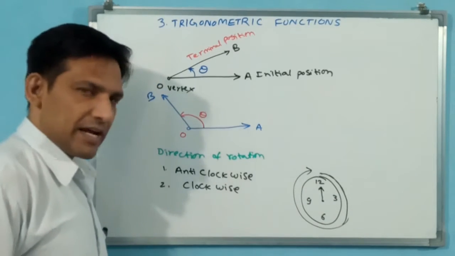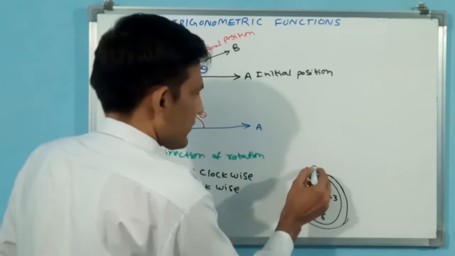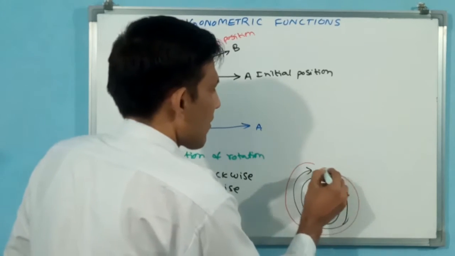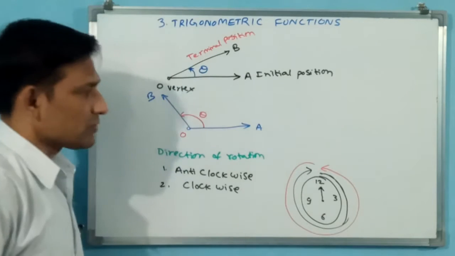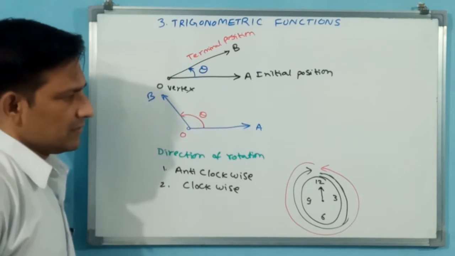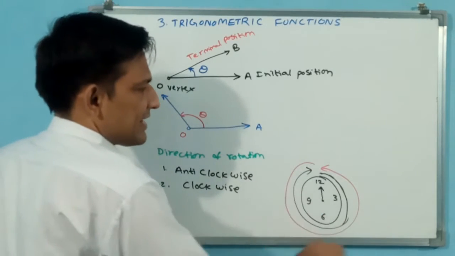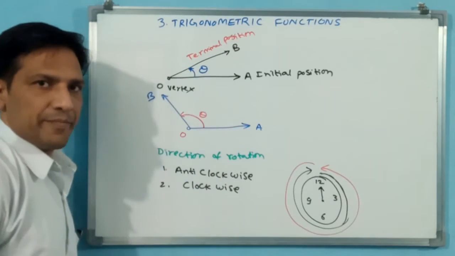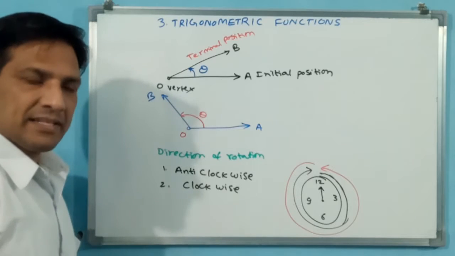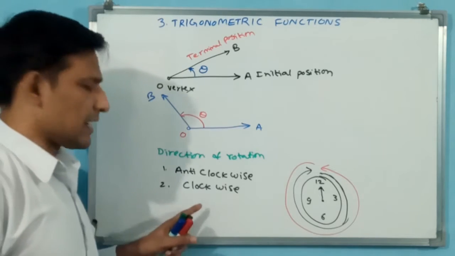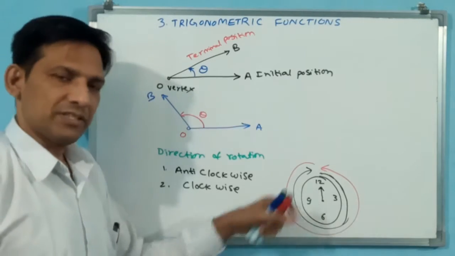Anti-clockwise, with a different color I am writing, you see. See, both are different. Clockwise black color, anti-clockwise red color. Okay. Anti-clockwise in red color, clockwise in black color, rotation is there.